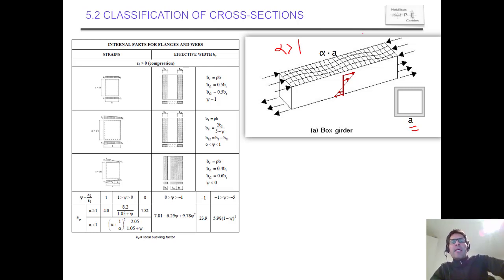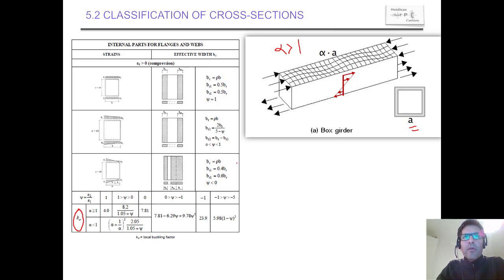Here we need to know the value of K sigma. K sigma is here in the table. And then with that, we need to know how to obtain rho. Rho is here.